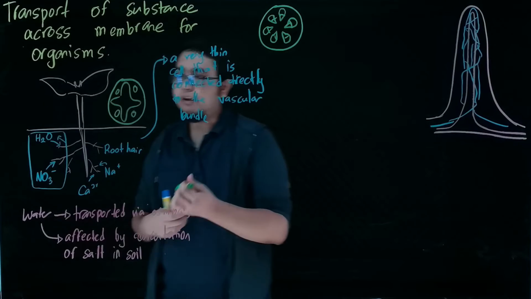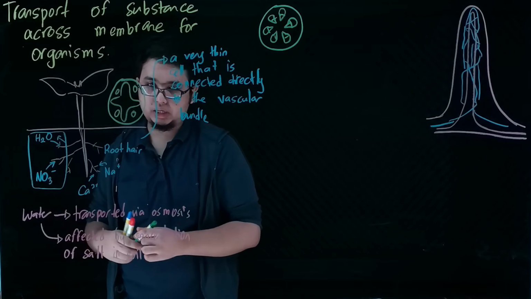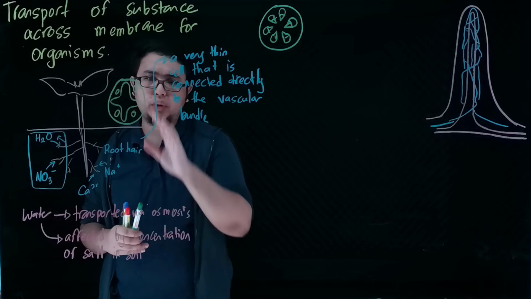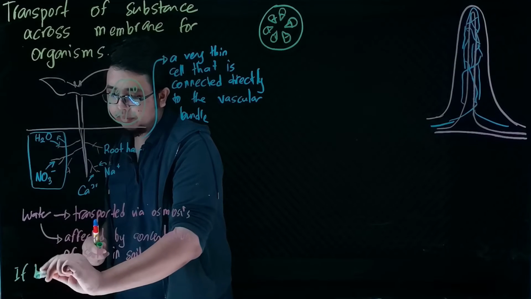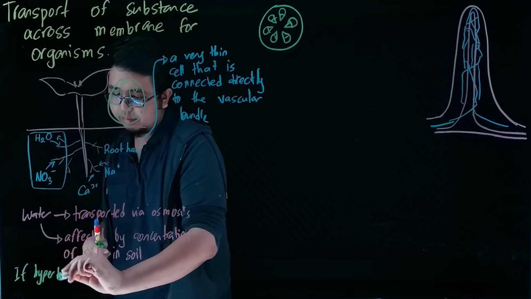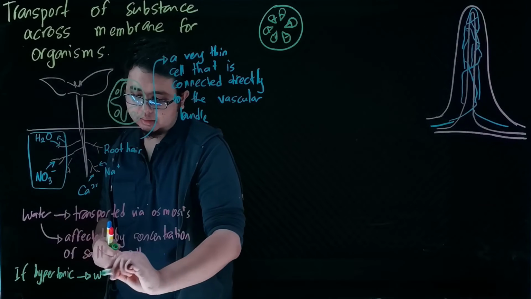It means that if, let's say, your soil has a hypertonic solution or a hypertonic condition towards the cell. So what happens if it is hypertonic? Water will move out from your cell.